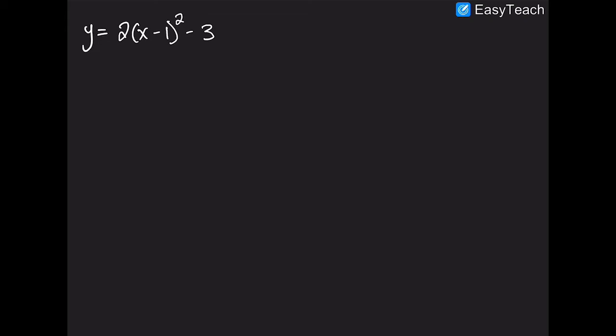Now this is in the vertex form, because remember our vertex form looks like this. Okay, so again, it looks very similar. General form looks more like ax squared plus bx plus c.